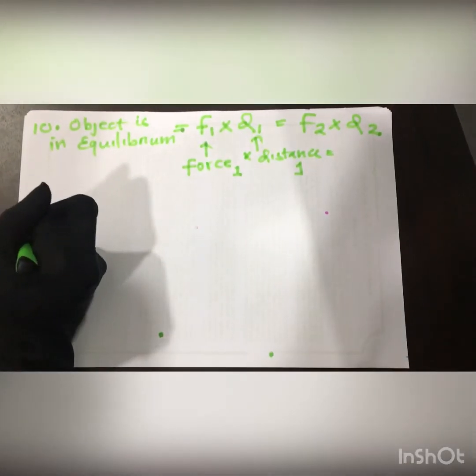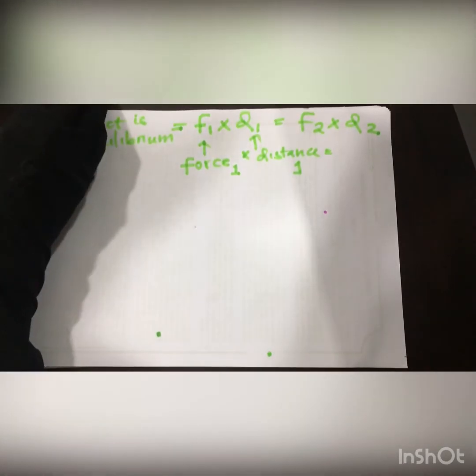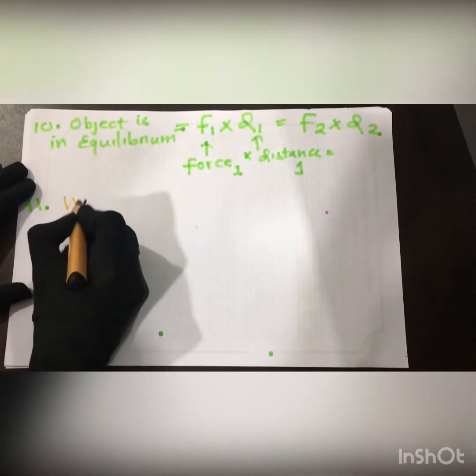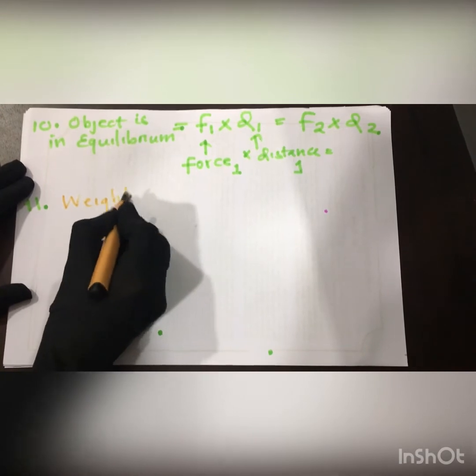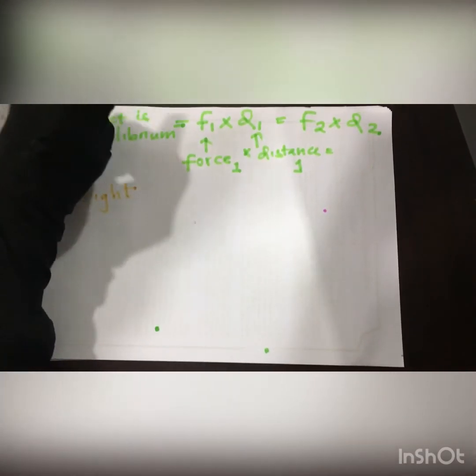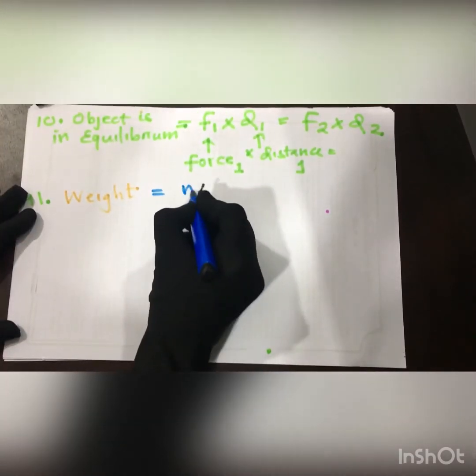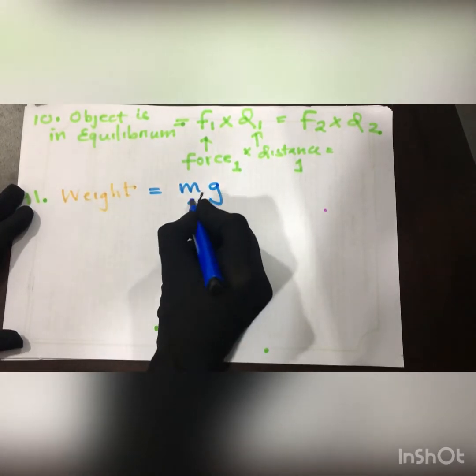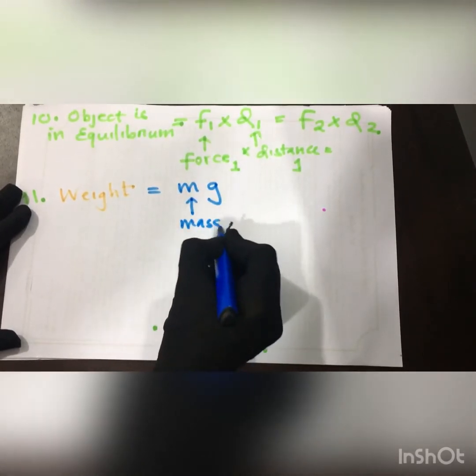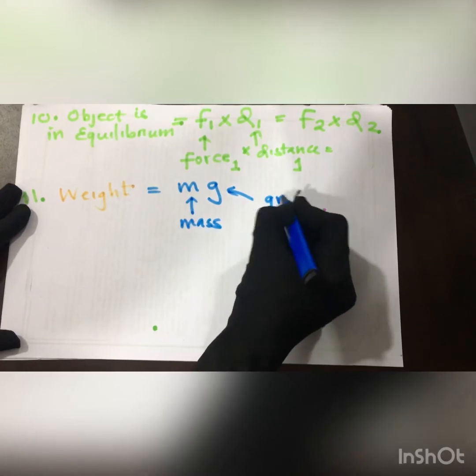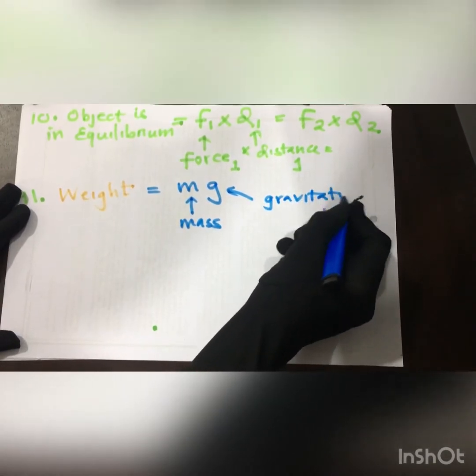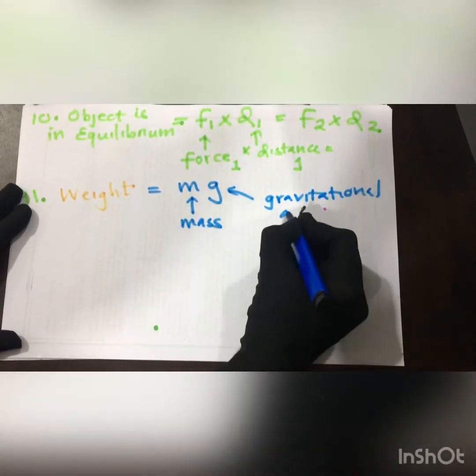And the 11th equation is weight. Weight equals mg. M is the mass, g is the gravitational acceleration.